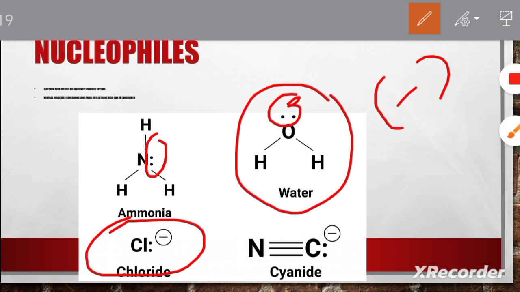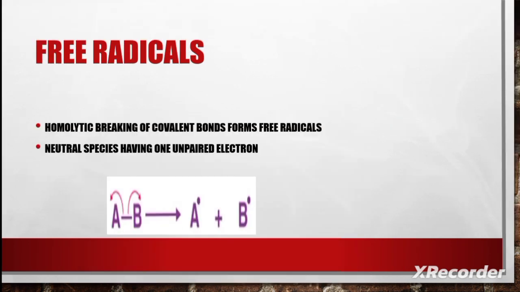nucleophiles. Then free radicals. I have discussed free radicals in detail in a previous video. Free radicals are formed by homolytic breaking of covalent bonds.